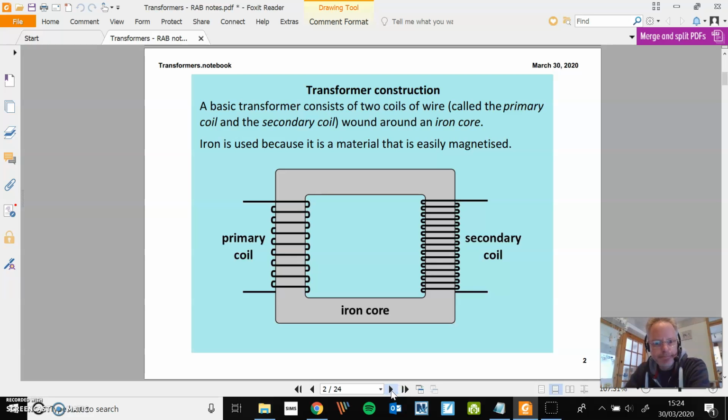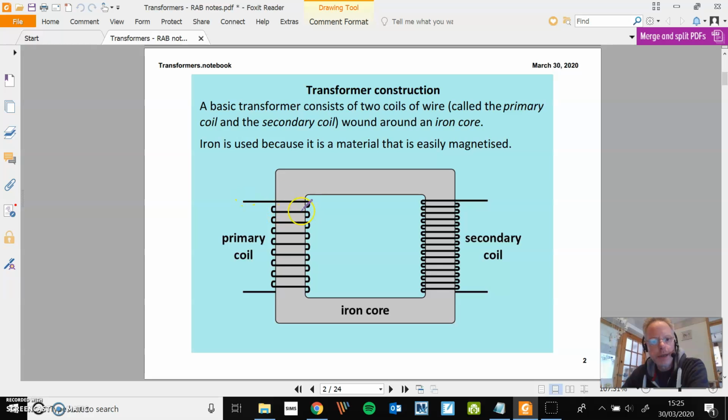Okay, basic idea of a transformer is very, very simple. We've got an iron core. It's often called soft iron, and I don't literally mean it's soft by that. What they mean by that is that it's easy to magnetize and demagnetize. So there's an iron core, and then there are two entirely separate coils of wire wrapped around it.